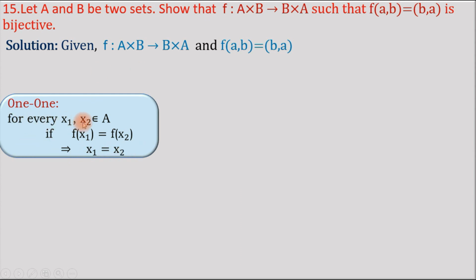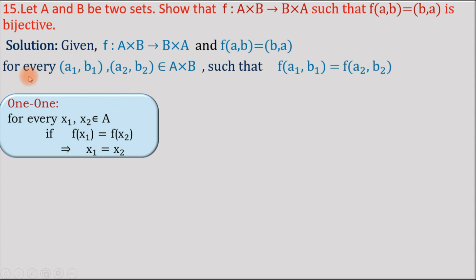Since an element x belongs to the domain A cross B in the form of ordered pairs, take two ordered pairs which belong to the domain A cross B in the form (a1, b1), (a2, b2) such that f of (a1, b1) equals f of (a2, b2). Since f of (a, b) equals (b, a), this implies (b1, a1) equals (b2, a2).